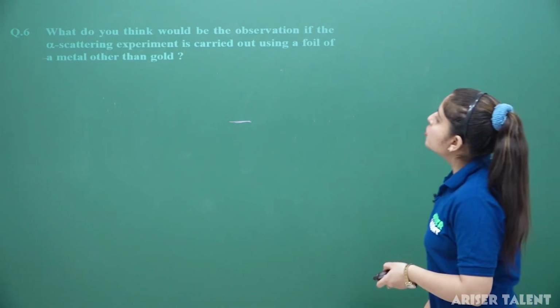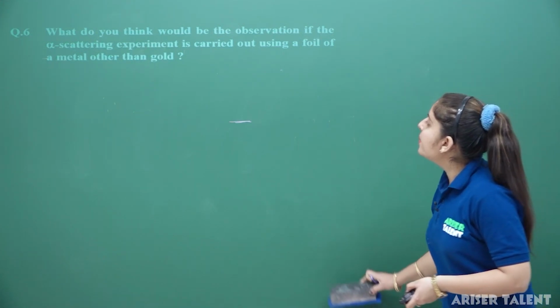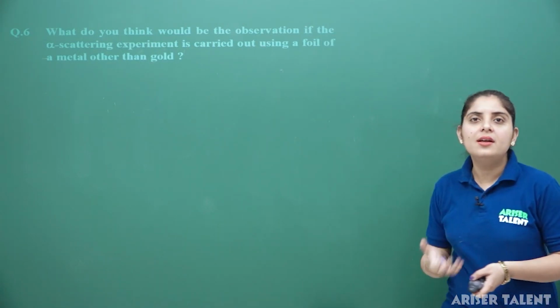Now we are with our sixth question. What do you think would be the observations if the alpha scattering experiment is carried out using a foil of metal other than gold?